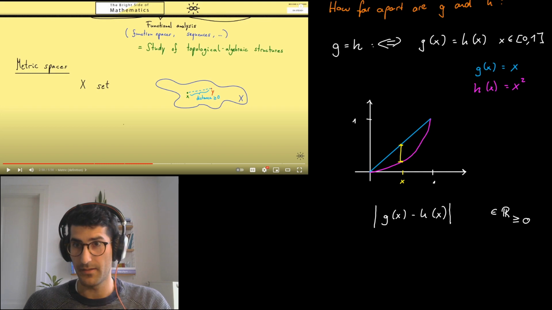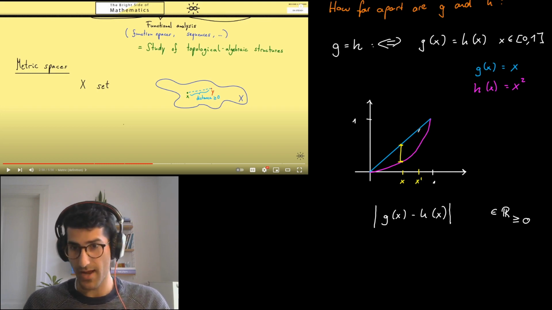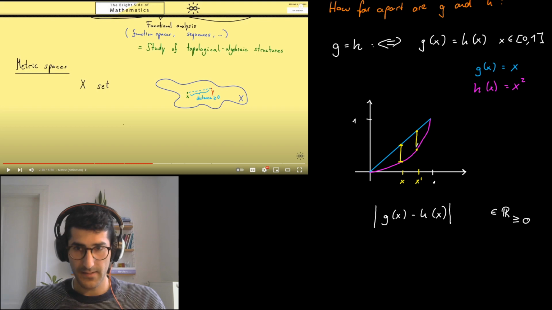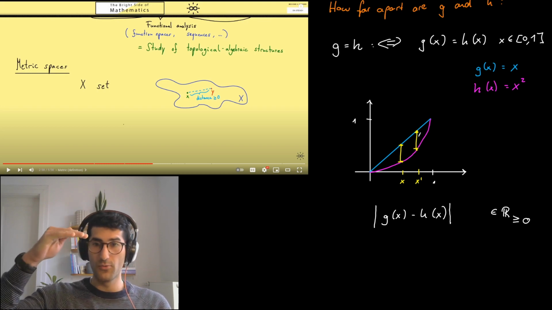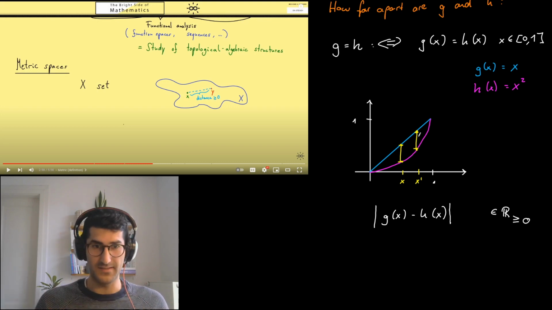For example, if someone else came and said, well, let's use another point, x prime, to calculate the distance in the same way, then we would say, all right, at x prime, we have a value h of x prime here, and we also have a value g of x prime here. Let's say the distance is again the vertical distance of the two functions. We would get another distance.